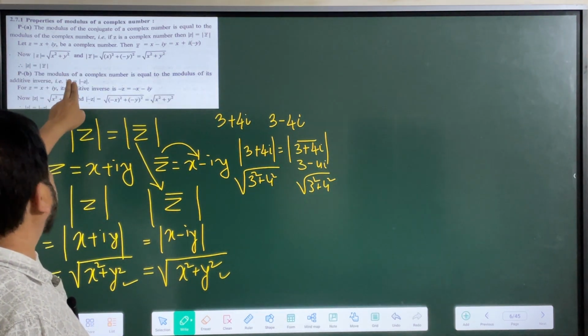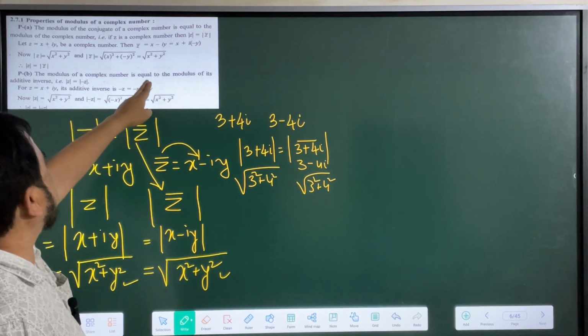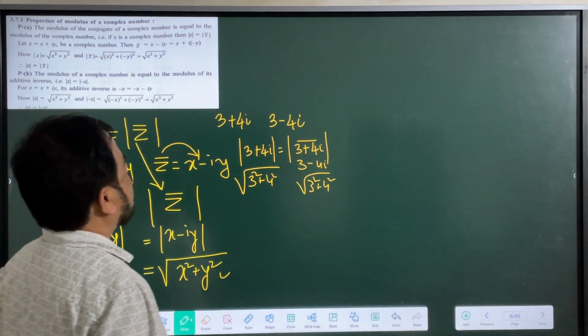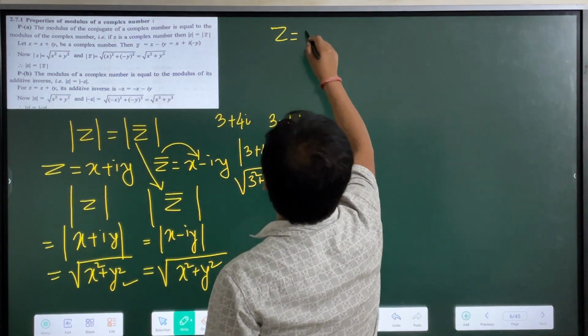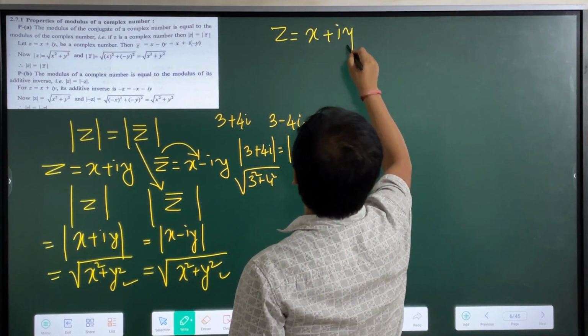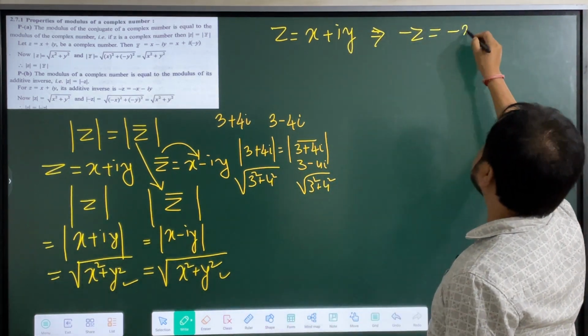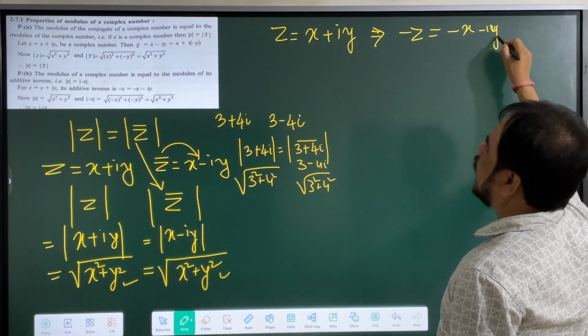Property number B: the modulus of a complex number is equal to the modulus of its additive inverse. If Z is equal to x plus iy, the additive inverse is minus Z, that is minus x minus iy.